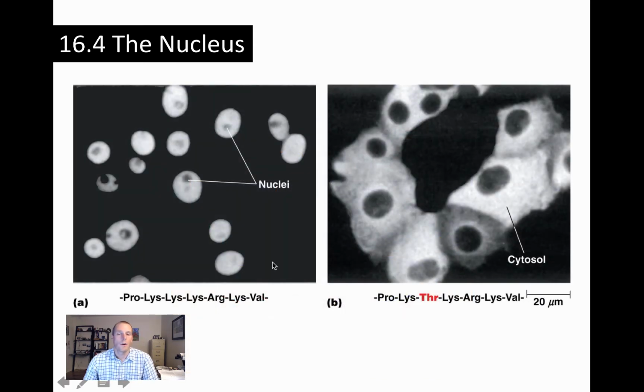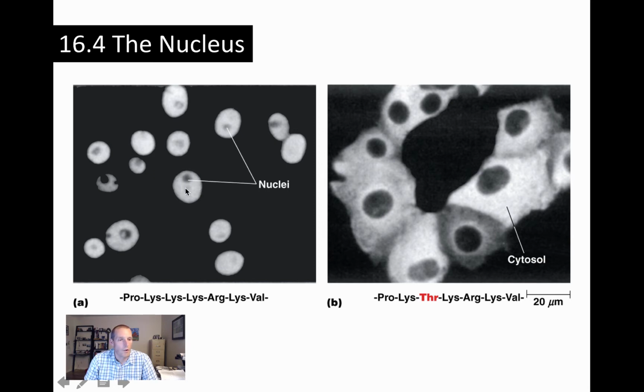A nuclear localization signal is anywhere from 8 to 30 or so amino acids long. It often contains proline and the basic amino acids lysine and arginine. And so if we have a nuclear localization signal such as this one attached to a protein, then the protein will go into the nucleus. What we've done is added this tag to a protein which is normally cytoplasmic, and that drags that protein into the nuclei of cells.